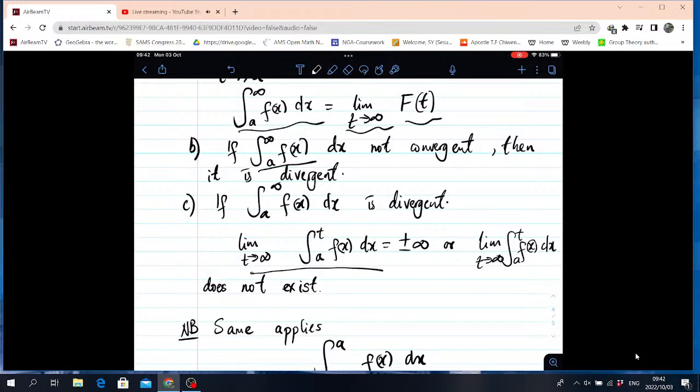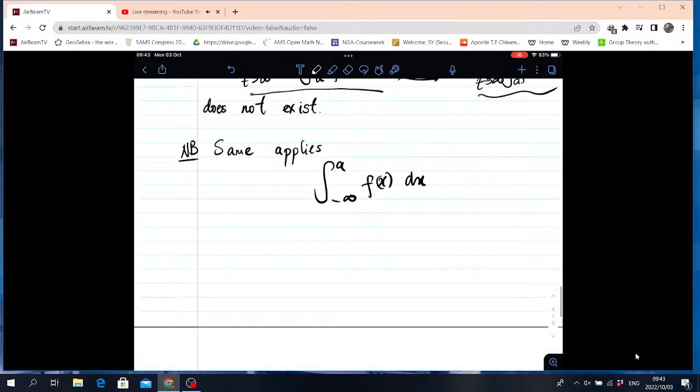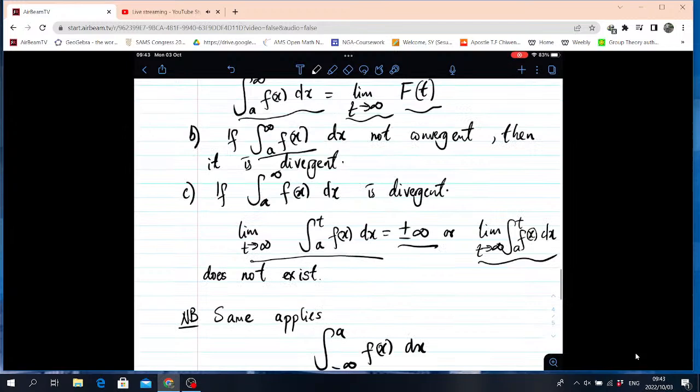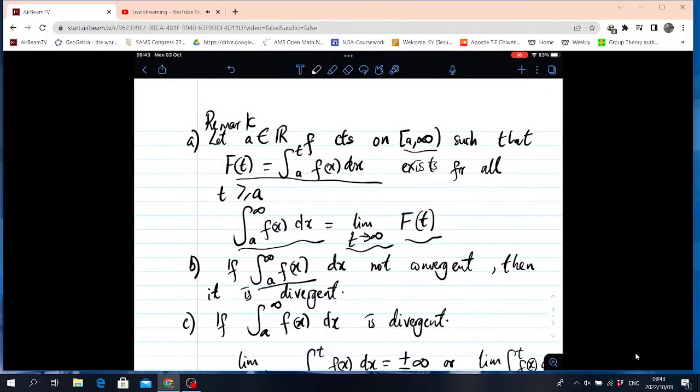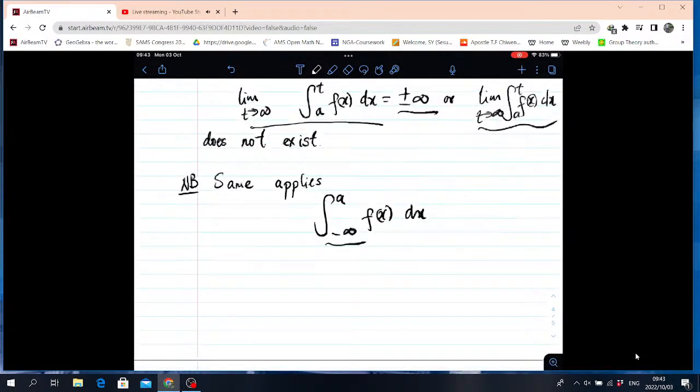Either the limit exists and is equal to plus or minus infinity, or the limit doesn't even exist, and that's when we say the integral is divergent. And all of this also applies to the integral from minus infinity to a. You just change where there's an infinity and put minus infinity, to get the same statements.